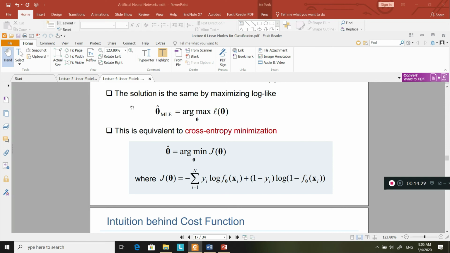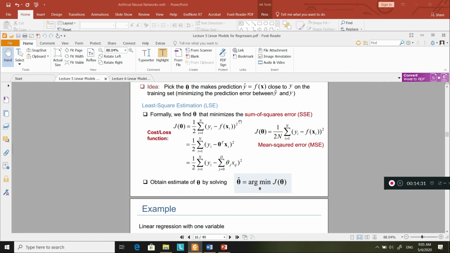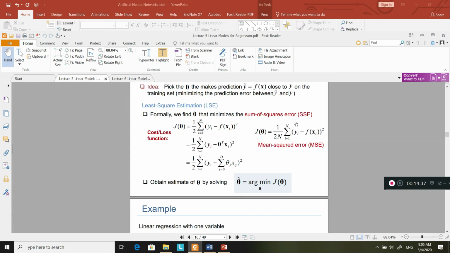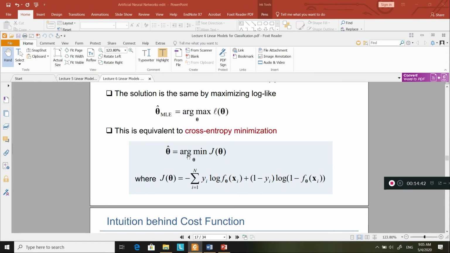In this lecture we expose you to another cost function which is suitable for classification cases, but that does not mean classification needs to use this one.